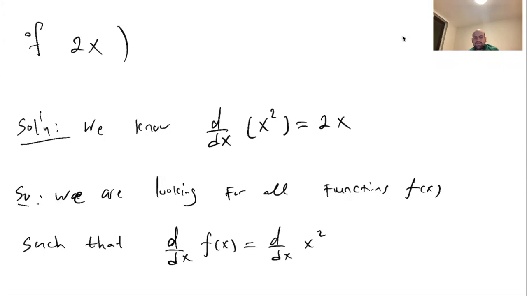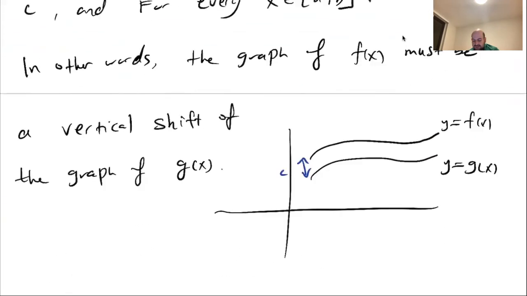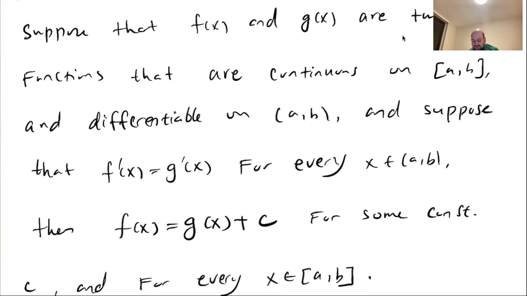This is exactly the setting that we had in the constant difference theorem. Constant difference theorem said if the derivatives of two functions are always equal for every x, then those two functions are equal themselves up to a constant, meaning that one of them could be equal to the other one plus some constant possibly.